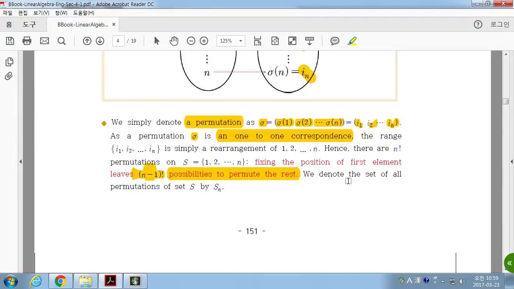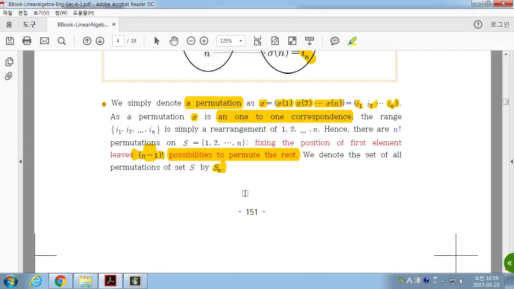We denote the set of all permutations of S by Sn. Then the cardinality of Sn is n factorial, and its elements are the permutations.